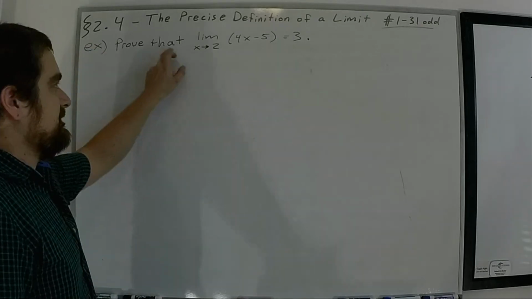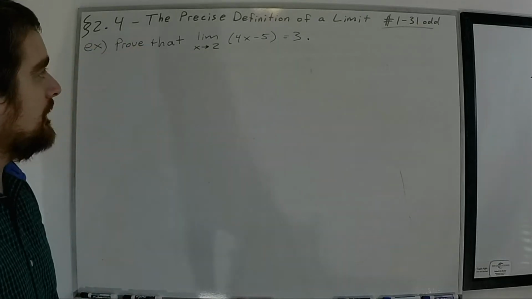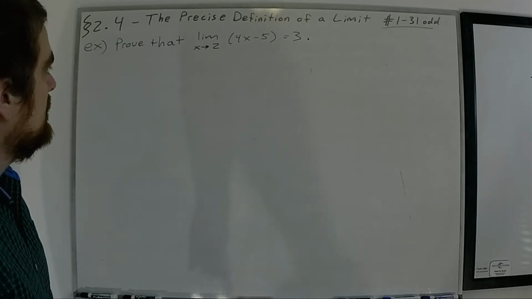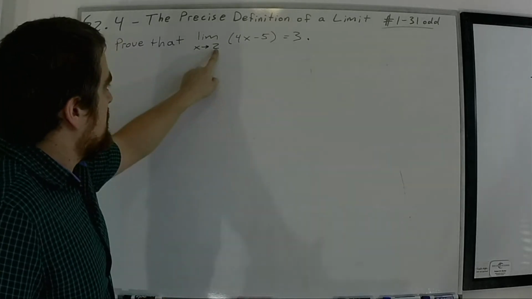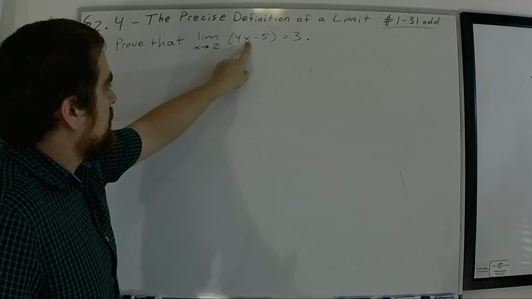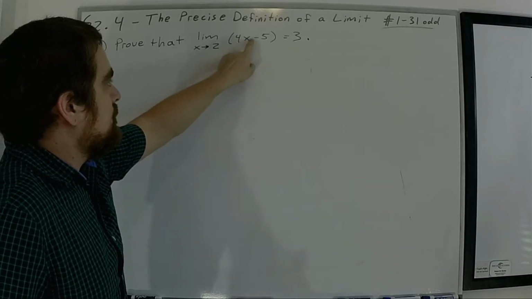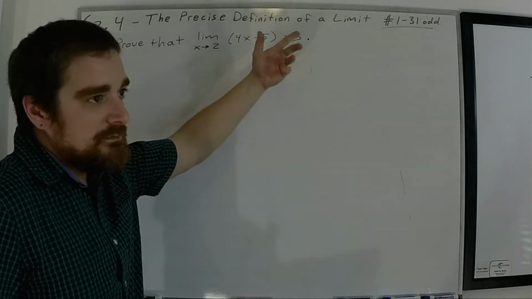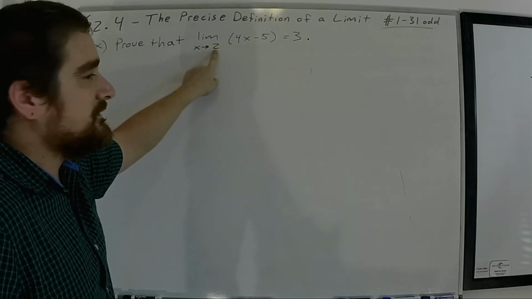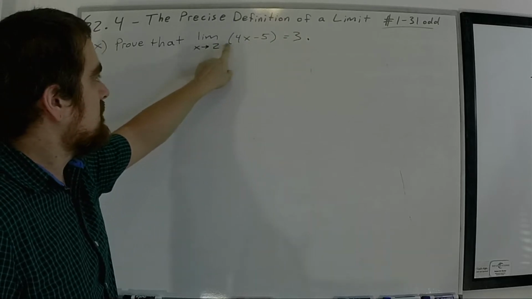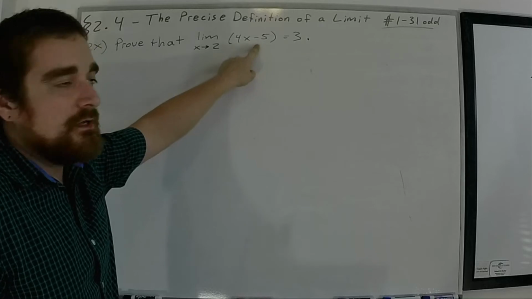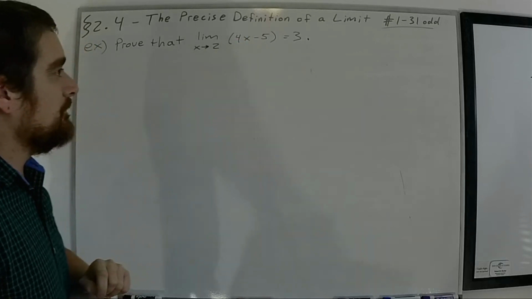Right? It doesn't just say find this limit, it says prove it, and we want to use this rigorous definition. It's easy to find if we plug in 2, right? Because we could just say 4 times 2 is 8 minus 5 is 3, thus the limit must be 3. And in the last section we saw that if this number is in the domain of this function, then that's how we can find that limit, simply by plugging that number in.